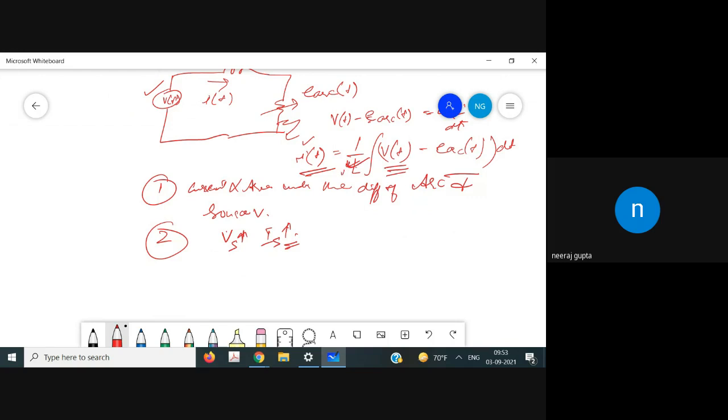Lower the inductance, higher the fault current. जितनी कम inductance होगी उतनी ज़्यादा fault current होगी. So these are some observations related to that.